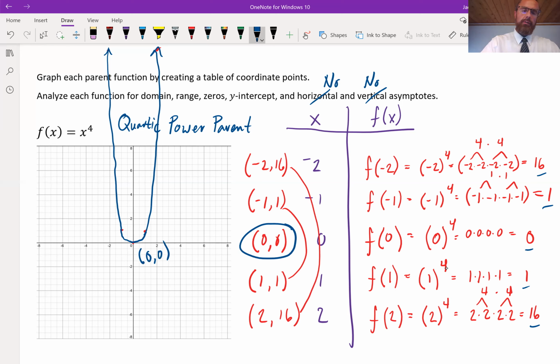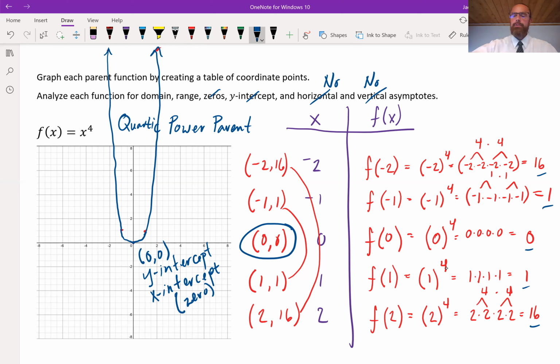Notice that's where the graph crosses the y-axis. But what else is 0, 0? Good. It's also the x-intercept. So a lot of times if you've got a function that includes the origin, that's both its y-intercept and its x-intercept. Again, we call the x-intercept as 0. So that takes care of those two items.